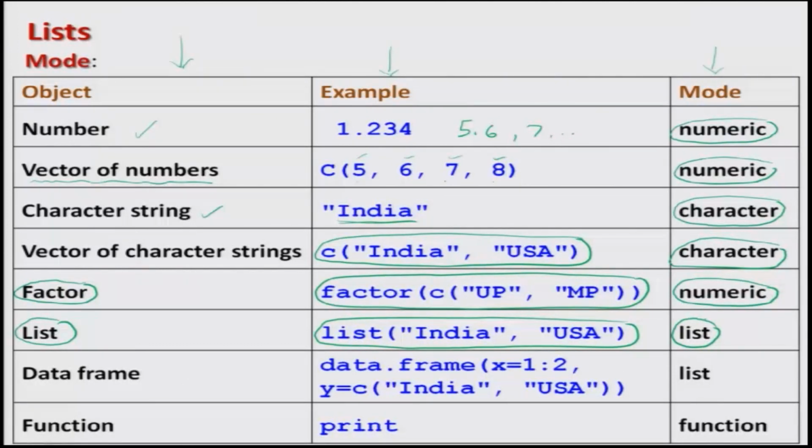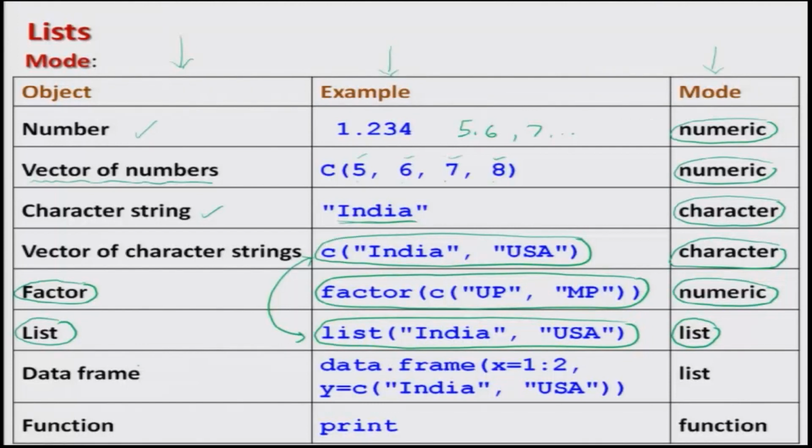At this moment you may get a little bit confused about the difference between this and this. They seem to give us the same thing, but just wait for some more slides and we will come to the discussion on lists, and then it will be clearer what the difference is. What I am trying to tell you here is that whenever we create a list, the mode of the list is list.